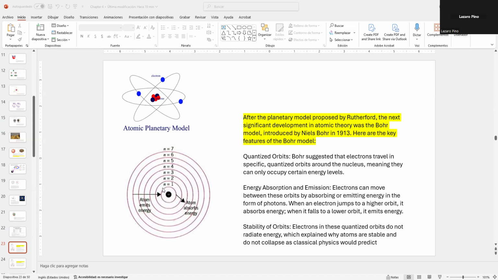That way you have level 1, level 2, level 3, level 4. In these orbits, the atoms can absorb energy and go from a base level to a higher level, absorbing energy. But immediately they return to the basic level, emitting energy.